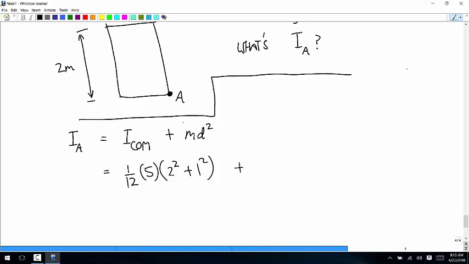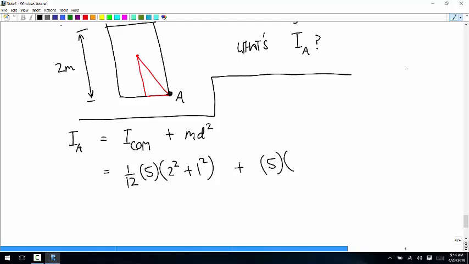Now the correction term, the mass is 5. Distance squared from the center of mass, so what's distance squared from the center of mass to A? Well, if you make a right triangle out of this, we can just use the Pythagorean theorem.